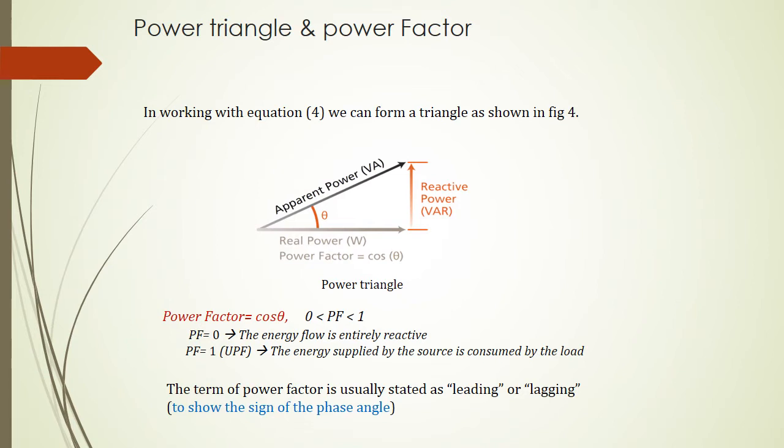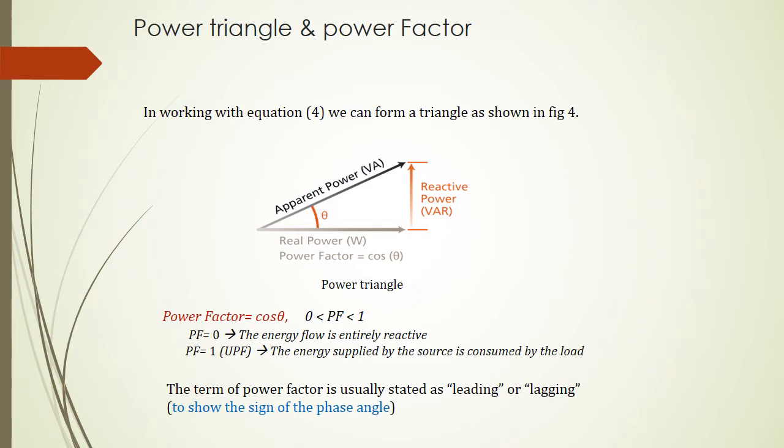It has a phase angle theta, and cosine theta represents the power factor of a circuit. Since it is cosine theta, the value will fall between 0 and 1. If the power factor is 0, then the power flow is entirely reactive. And if the power factor is 1, we have the case of unity power factor.